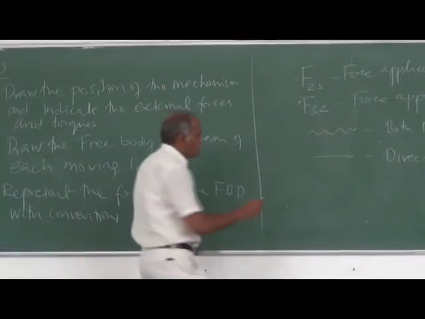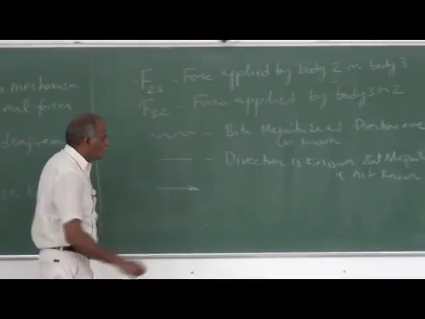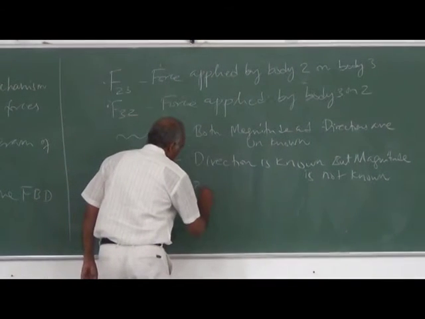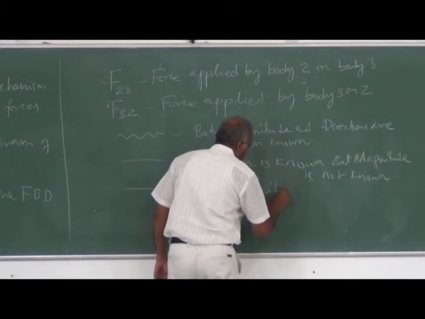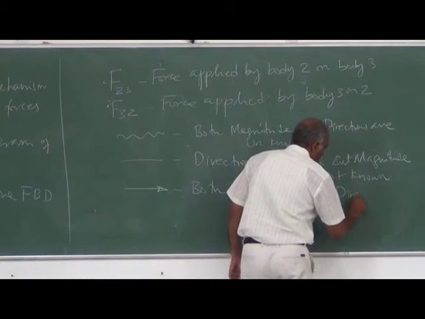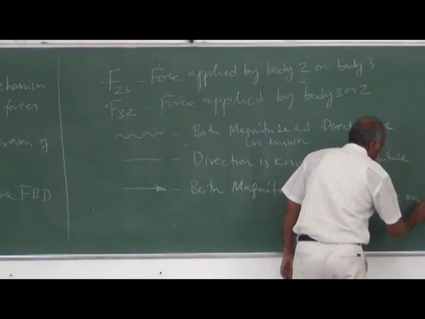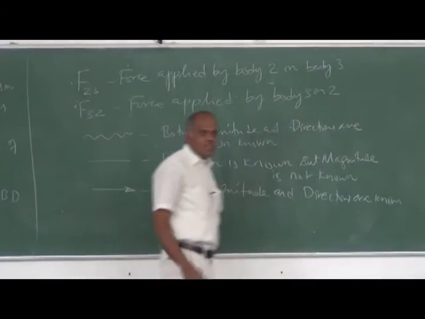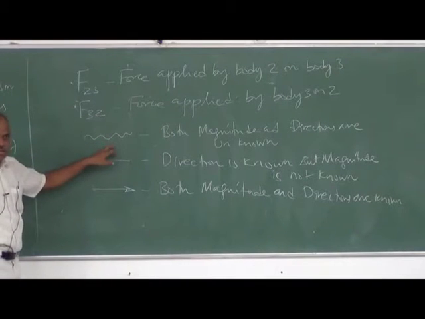Now we represent like this when both magnitude and directions are known. So when you draw the free body diagram, when you begin, if both are unknown, you put it like this.